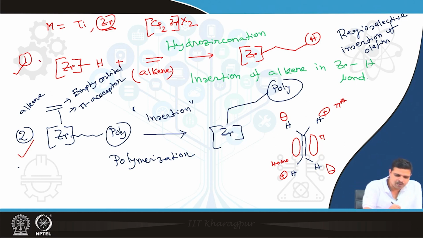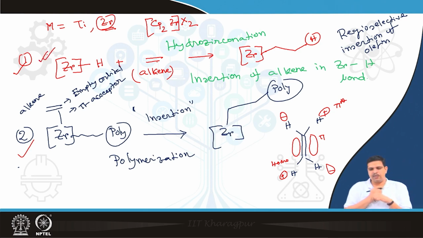Because here this one is used to functionalize the olefin, which undergoes regioselective insertion of the olefin. And the second one, which this course is all about, is the polymerization of zirconium metallocene, why it is responsible and why this polymerization reaction occurs.